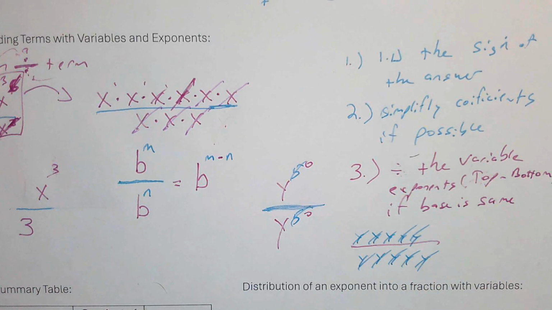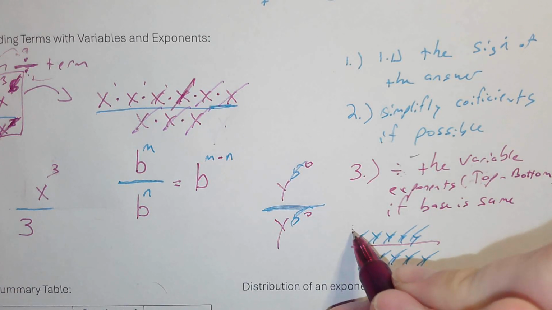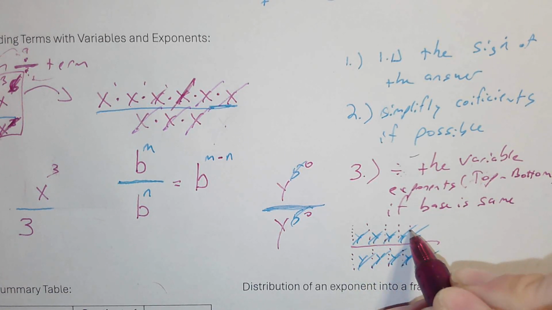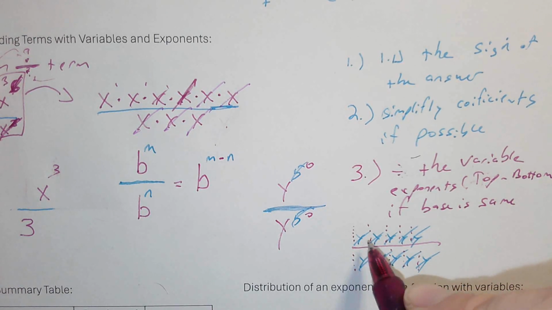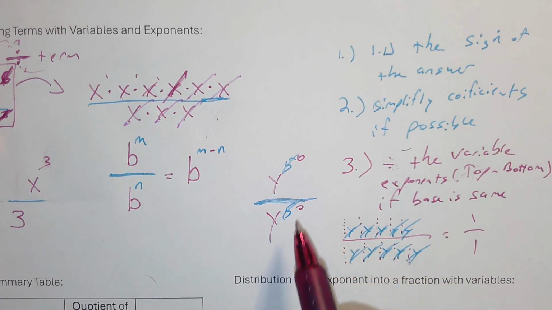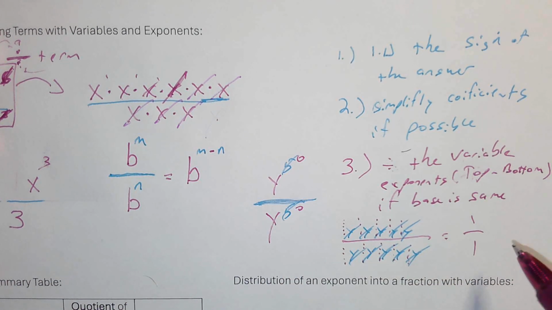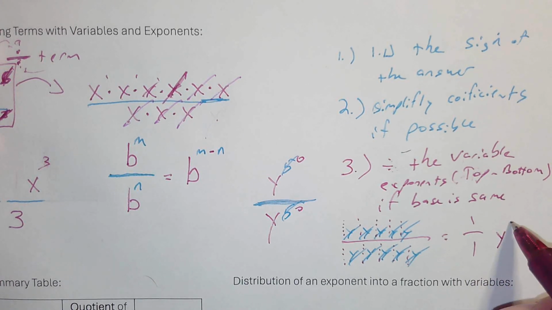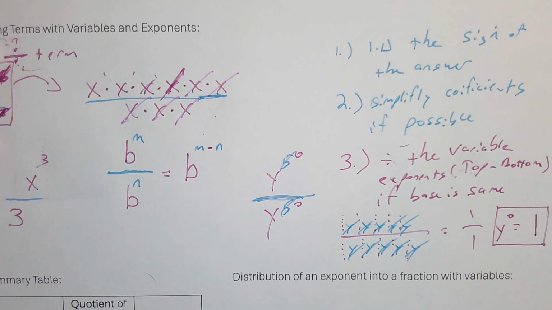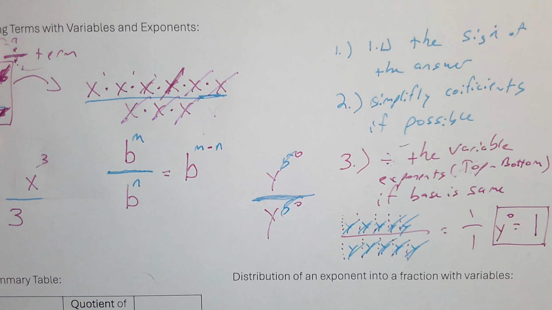Well, think to yourself, what were the coefficients of all of these, right? There's a 1 in front of each one of these, a little dotted 1. And what is 1 times 1 times 1 times 1 times 1, it's all 1 over 1, right? So anything raised to the 0th is 1. And that is a law of exponents. It's the 0 exponent law.